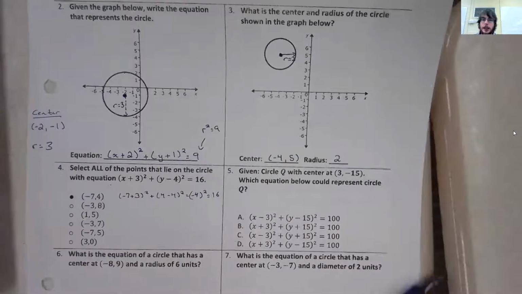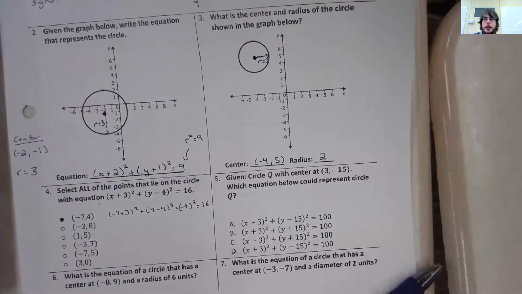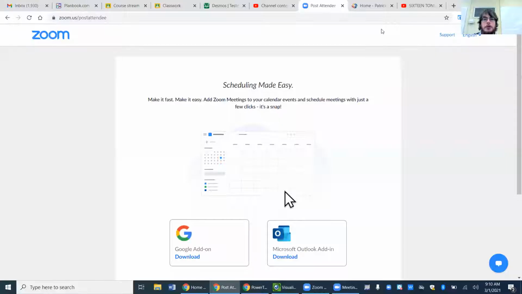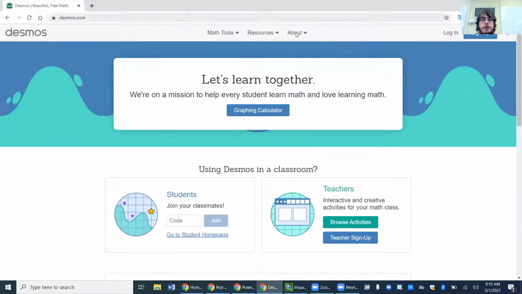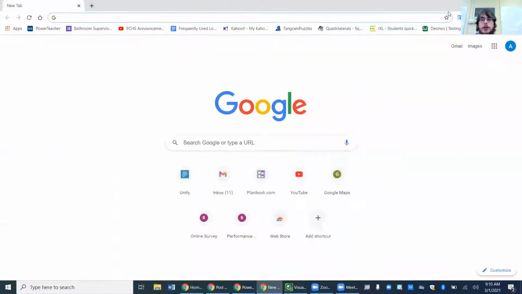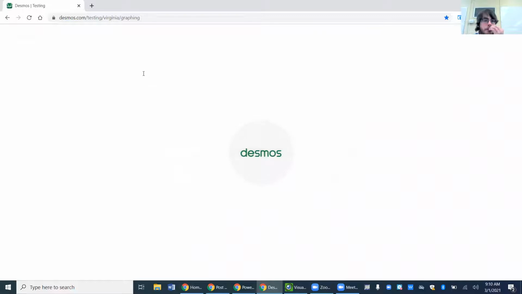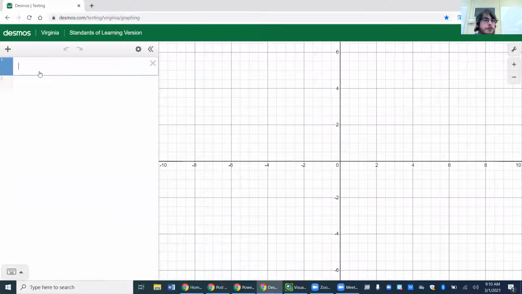Now let's go over to Desmos, and it will take a second for me to get this set up. I picked the wrong one, apologies. So we're going to go over to Desmos, and we're going to type in that equation that we had. So we have (x + 3) squared.